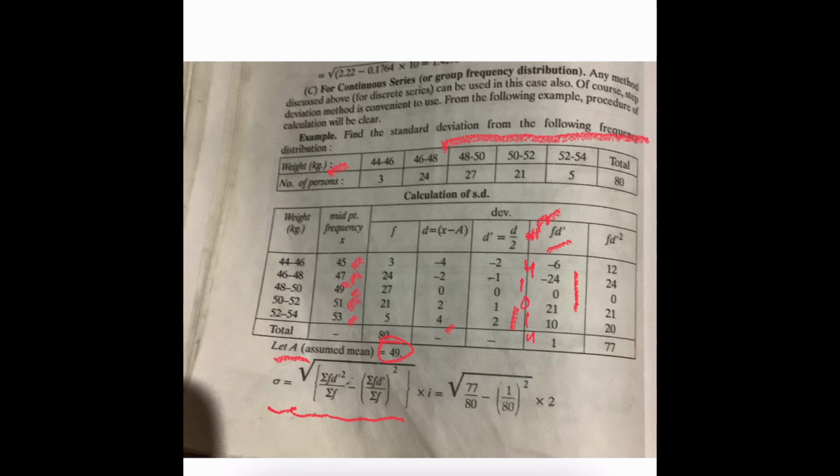This is d dash square. It is equal to 4, 1, 0, 1 and 4.